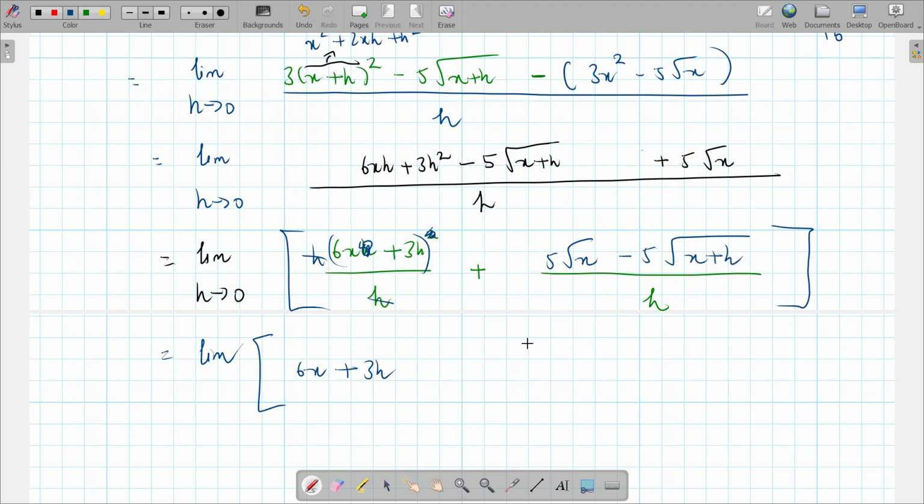How do we get rid of roots? We need to multiply it by something. The conjugate. With square roots, you always want to multiply by the conjugates in the form of a minus b, a plus b. So right now this is a minus b. What do we multiply this with? What's the conjugate of the numerator? It'll be in this form, a plus b form.